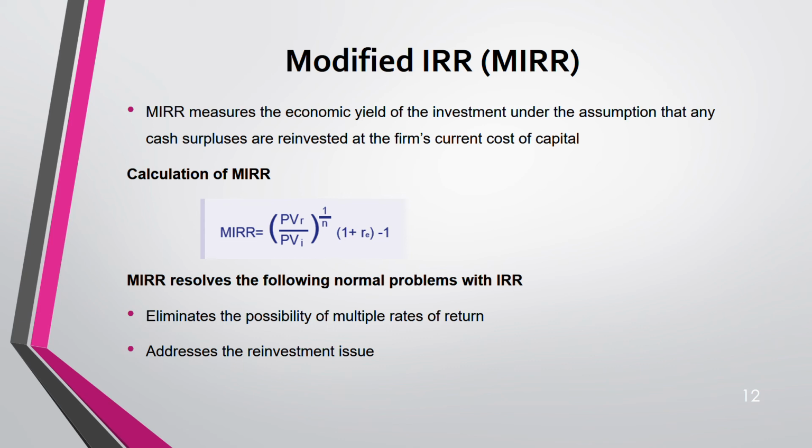That's why for net present value, we discount the cash flows by the cost of capital, isn't it? MIRR also, so same assumption. Since MIRR is unique, it can be used to compare projects. It's easier to compare, whichever is giving you the highest MIRR.